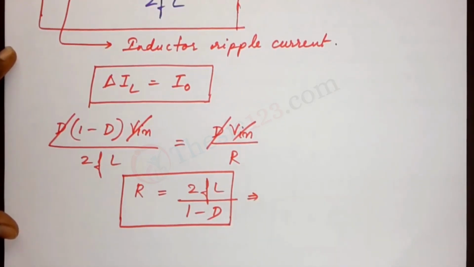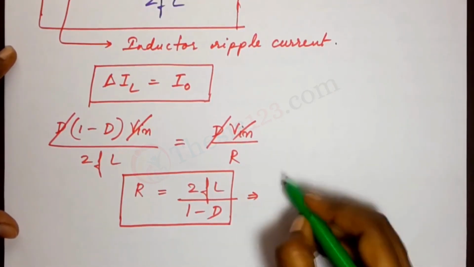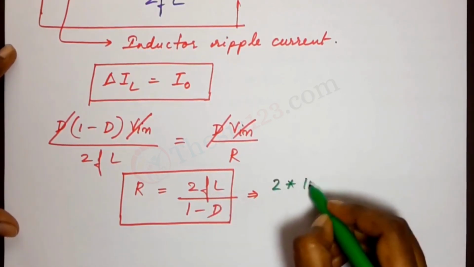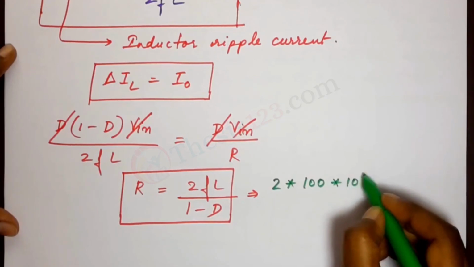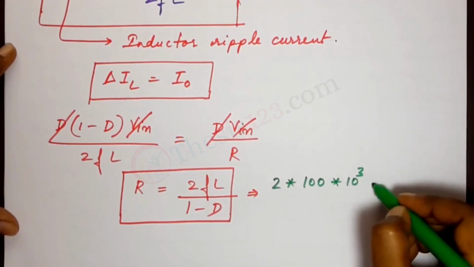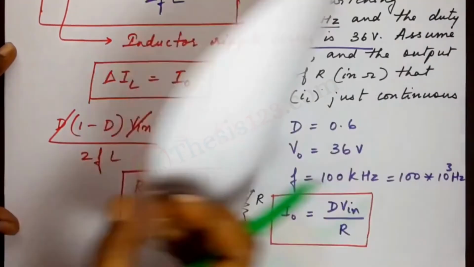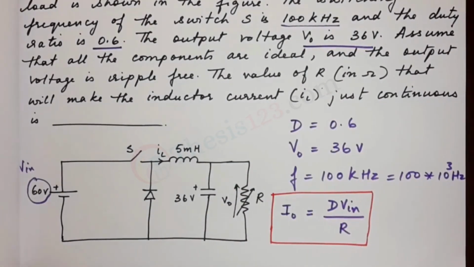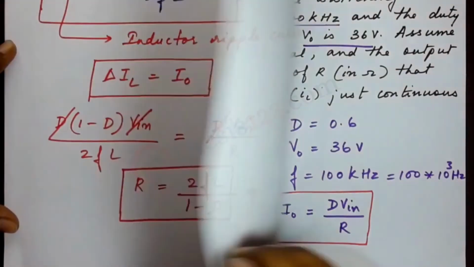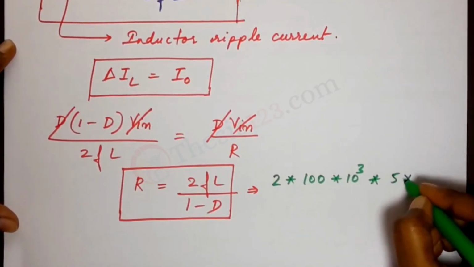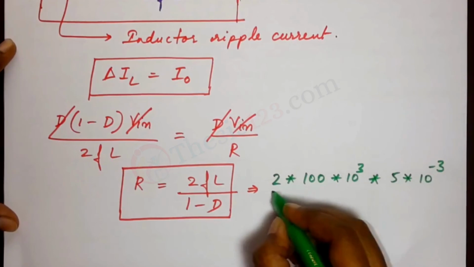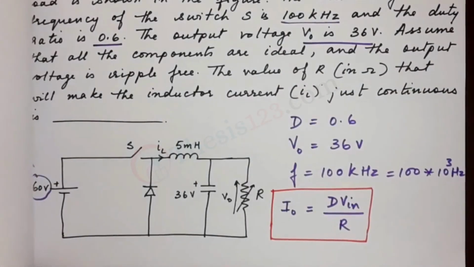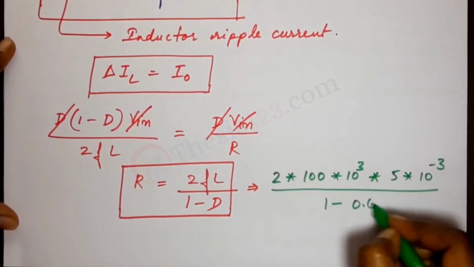So this is now our equation to solve. Let's plug in the values. That's 2 into F, which is 100 into 10 power 3, the frequency given to us. The value of L, now what's the value of L given? 5 millihenry from the diagram. 5 into 10 power minus 3, divided by 1 minus D. Now what's the value of D? 0.6.